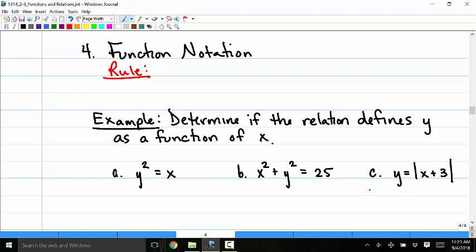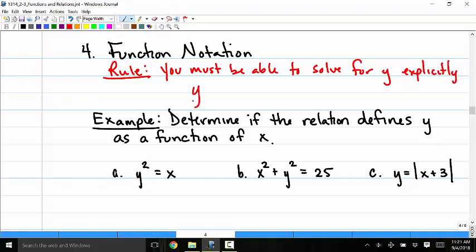Function notation. What if you're given an equation? The rule says you must be able to solve for y explicitly, meaning y equals something.